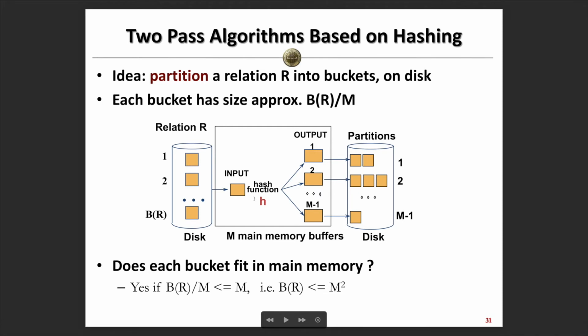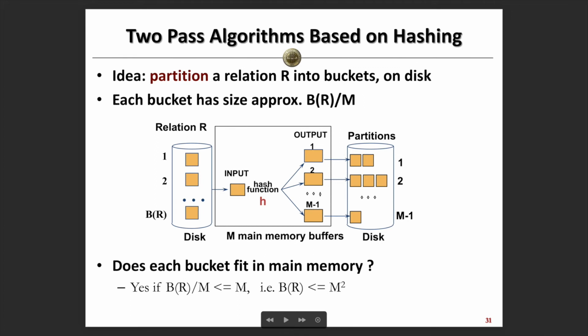Given the inputs, according to the hash function we design here, we can assign a block to a certain bucket, right? Bucket 1 until bucket n-1. So we will assign a block to a bucket, and we need to decide which bucket we need to output to. The memory has M blocks, right? Besides output buffers, we store here n-1 output buffers, and we also have one buffer for the input, right?